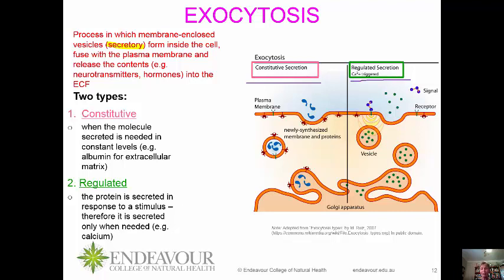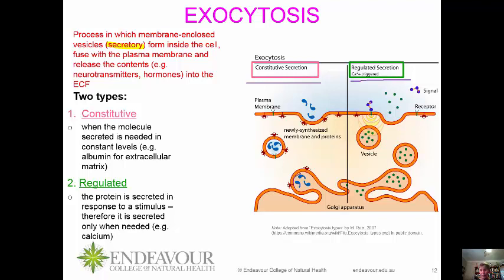So only when it's required is it secreted. So for example here is calcium. When calcium's required, only when it's required for whatever reason, it needs more calcium in the blood or something like that, then it will release it. But it's not doing it all the time. It's very regulated. So you can see here in your constitutive secretion, you've got the Golgi complex, and here are your proteins.